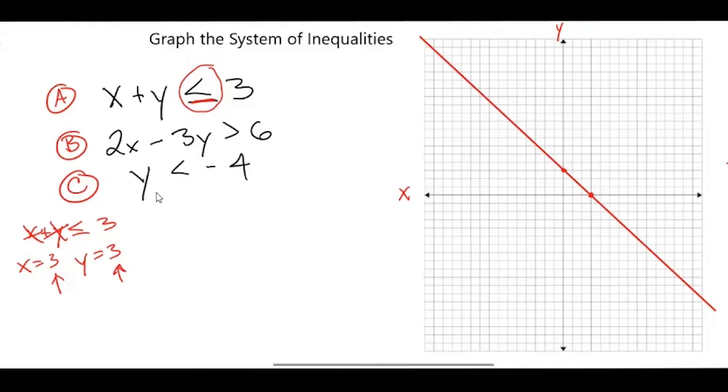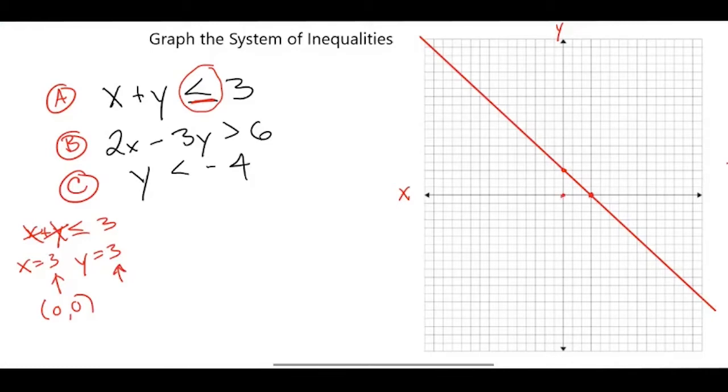Now I need to pick a point to see where to shade. So I like the point 0, 0 whenever it works. So I will try 0, 0 to see if 0, 0 works in this inequality. And you can use 0, 0 as long as 0, 0 is not on the line. And I'll notice that 0, 0 right here is not on the line.